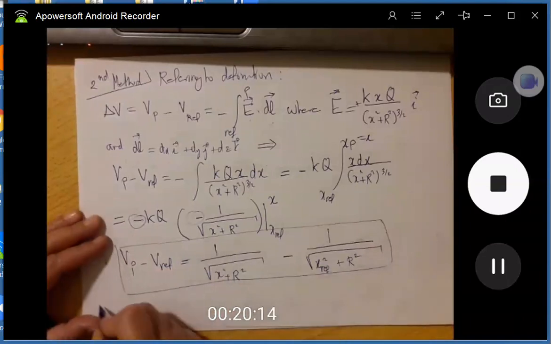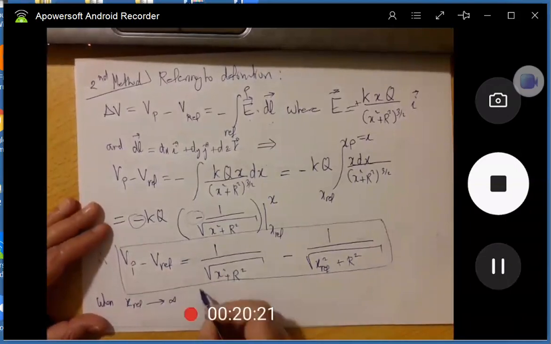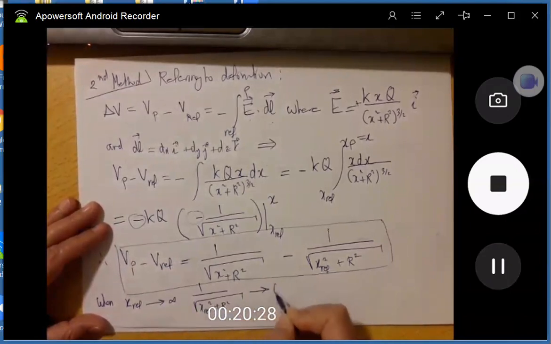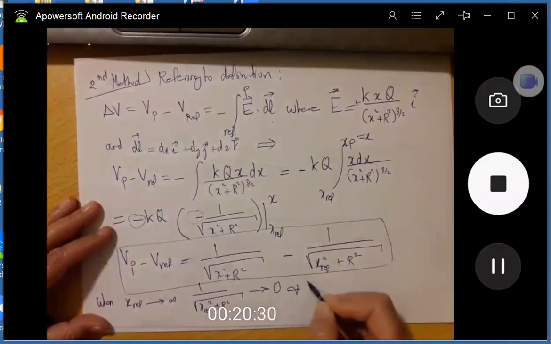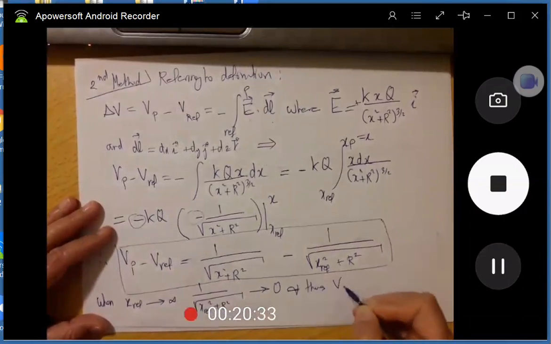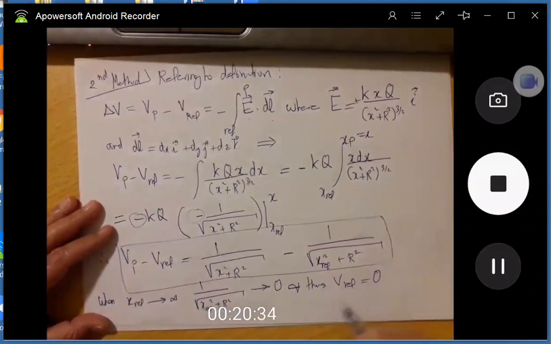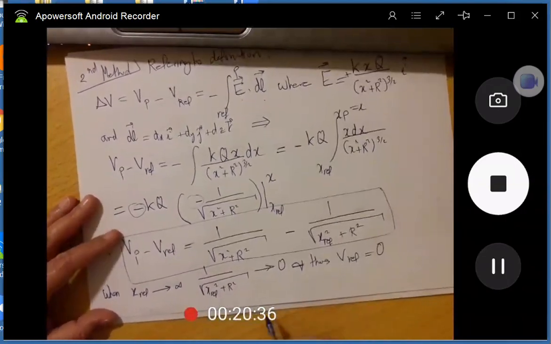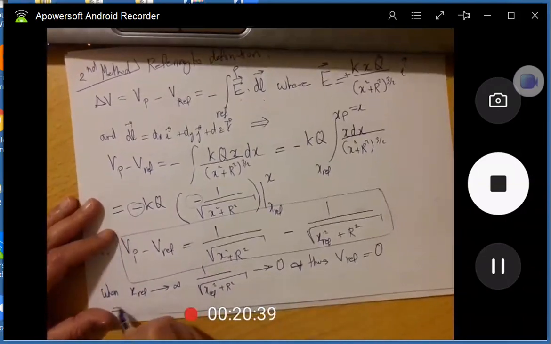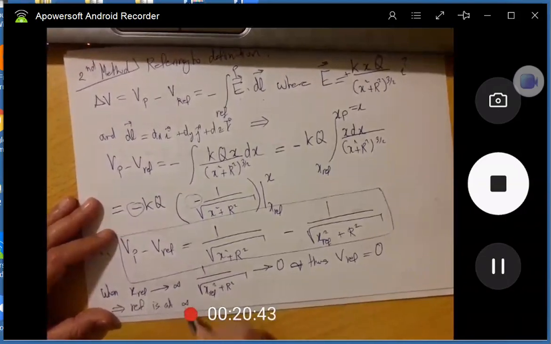So when x reference goes to infinity, 1 over the radical of x reference squared plus r squared goes to 0, and thus V reference will be equal to 0. So this is the reference: the reference is at infinity.